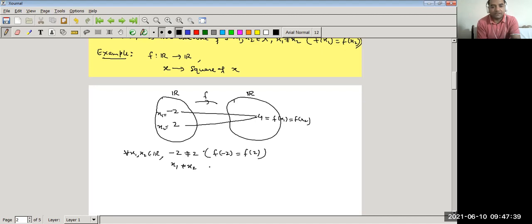So in this case we can say, for all x1, x2 belongs to R with x1 not equal to x2, such that f of x1 is equal to f of x2, the function is not 1-1. So this is not a 1-1 function.